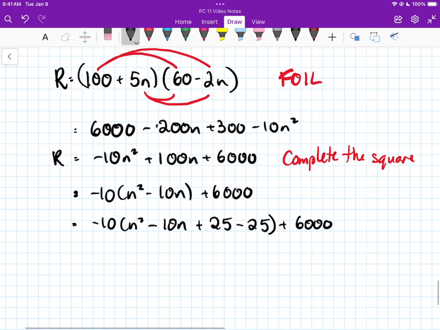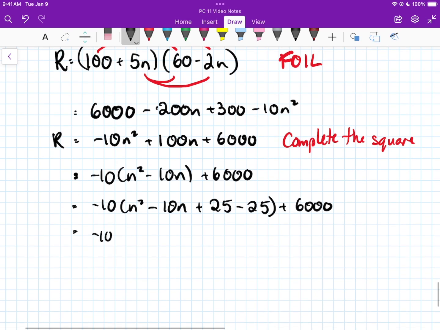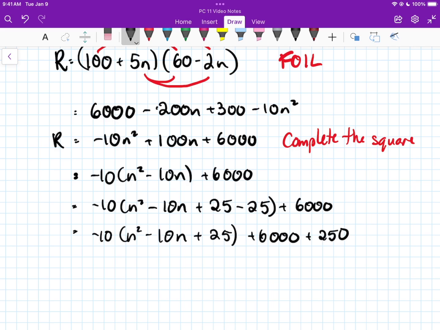We move out the negative term and multiply it by a, which in this case is going to be negative 25 times negative 10 for 250. And then we simplify stuff and we factor and we see where we end up. So our final equation is r equals negative 10 times (n minus 5) squared plus 6,250. So this is the equation that's going to tell us everything we need.